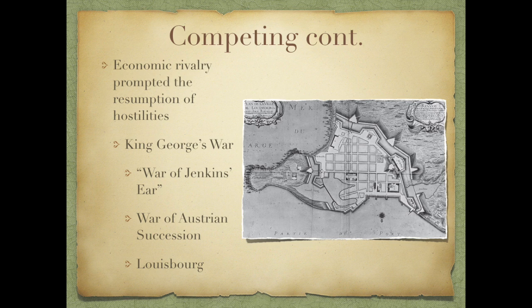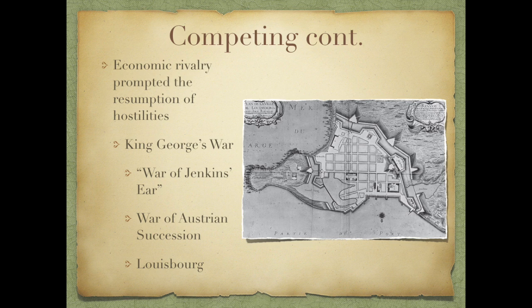After a generation of war, the three rivals enjoyed a generation of peace, but economic rivalry soon prompted the resumption of hostilities between the three powers. The next of these to emerge was King George's War, which began, somewhat humorously, as the War of Jenkins' Ear.